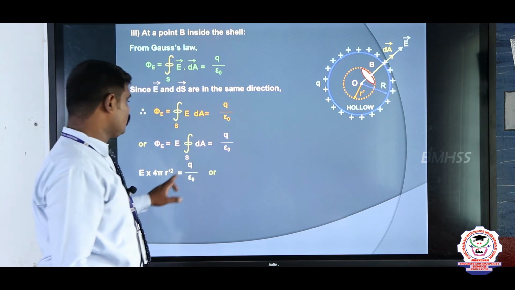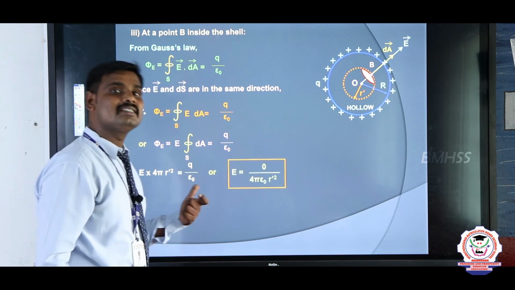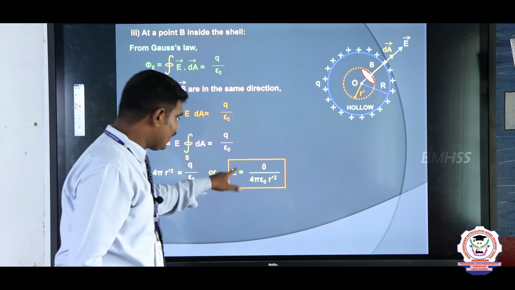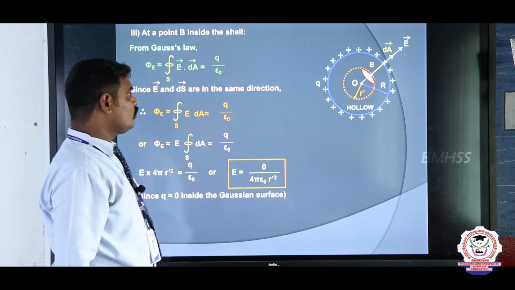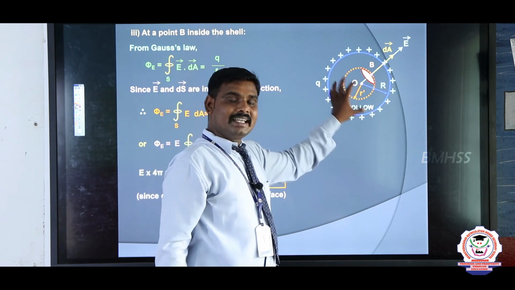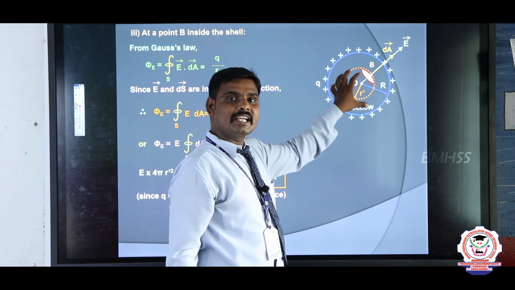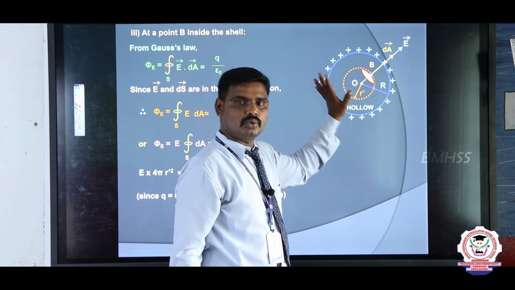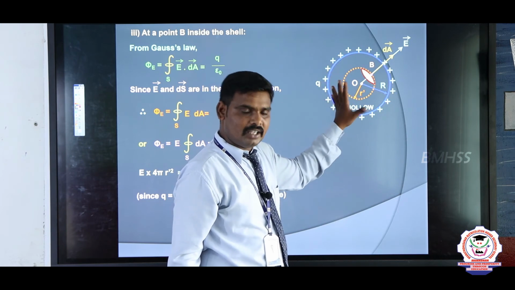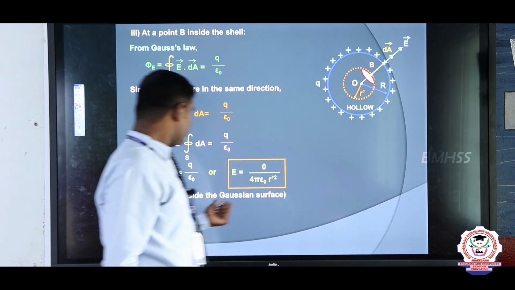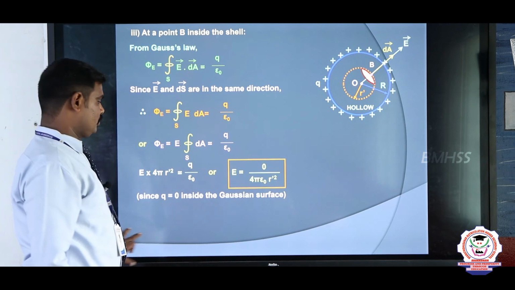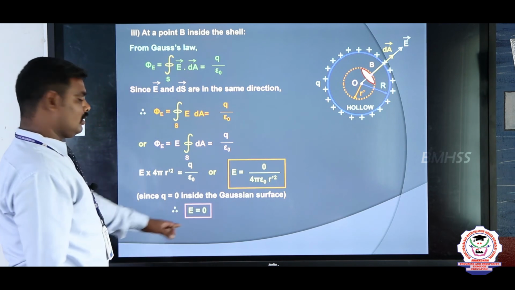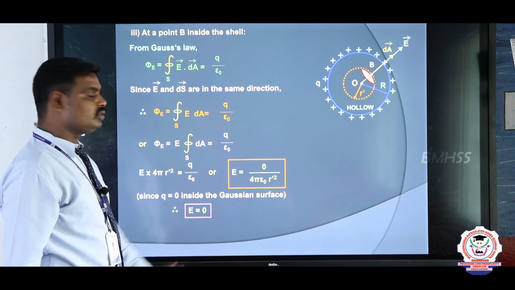Here Q is equal to 0, so the total electric field is equal to 0. Inside the shell, the electric field must be 0. There is no electric field because the charge inside the Gaussian surface is equal to 0. So the final equation is E equal to 0.